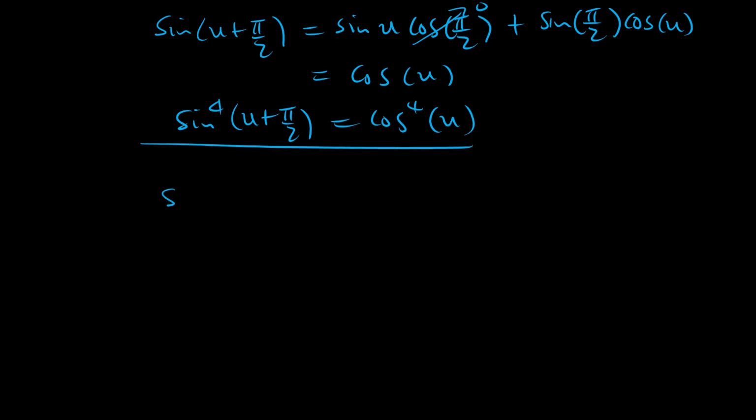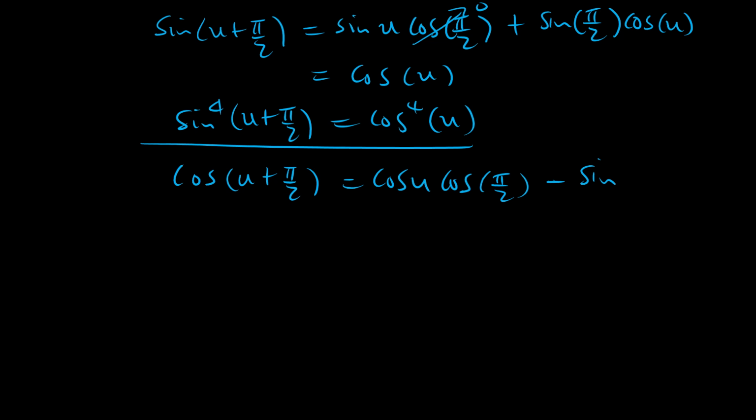Okay, what about cosine rather? Cosine of u plus pi over 2 is the same as cosine of u cosine of pi over 2 minus sine of u sine of pi over 2.